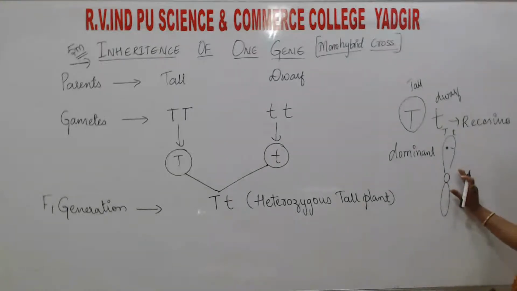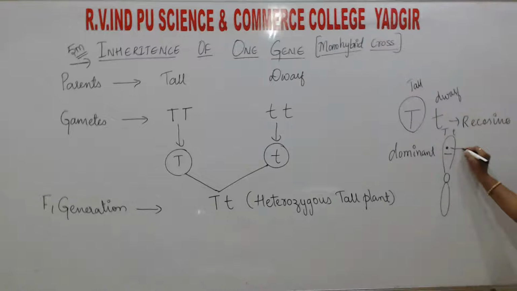So you see this condition, what can we call it? Two dissimilar genes are present. If these are the two dissimilar genes, this condition we can call the heterozygous condition.